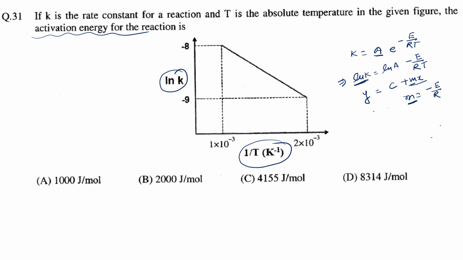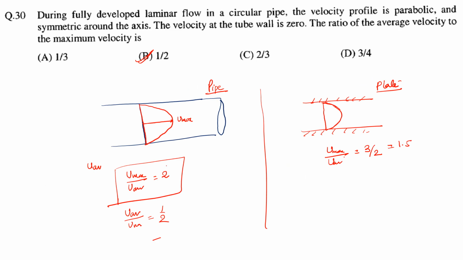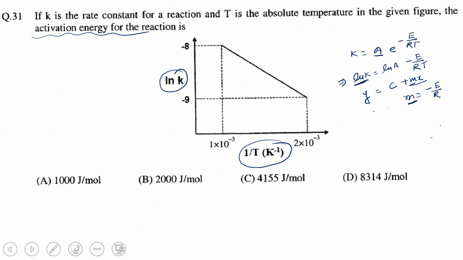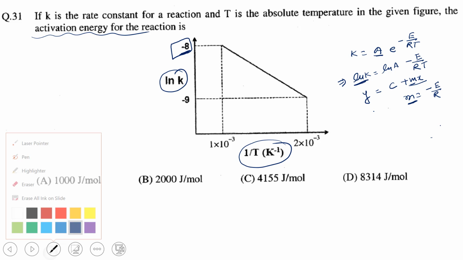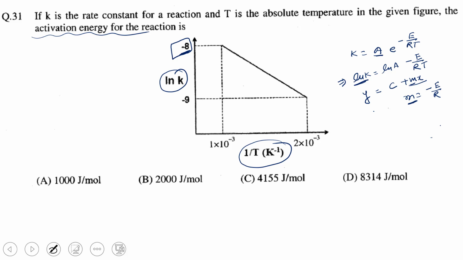Now guys, if you see in the Arihant book, here it is written minus b, but it is actually minus 8. So you can correct this.